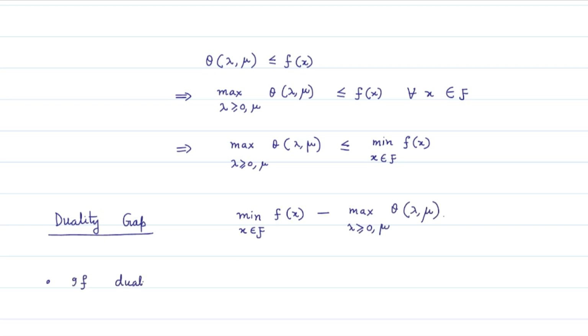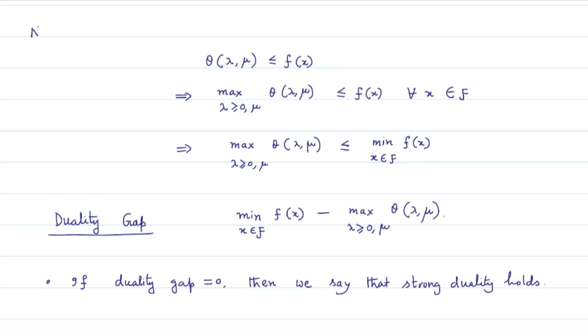If this duality gap is equal to 0, then we say that strong duality holds. And otherwise, that is when the duality gap is greater than 0, then weak duality is the result that holds.